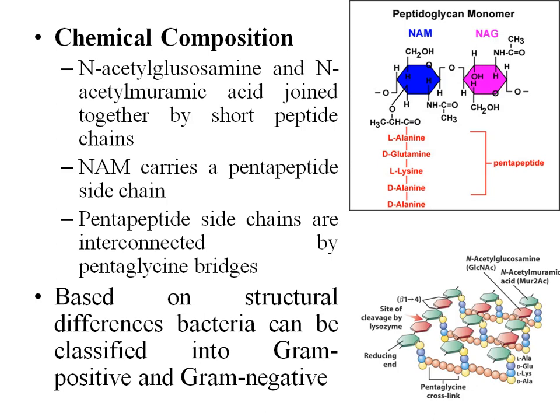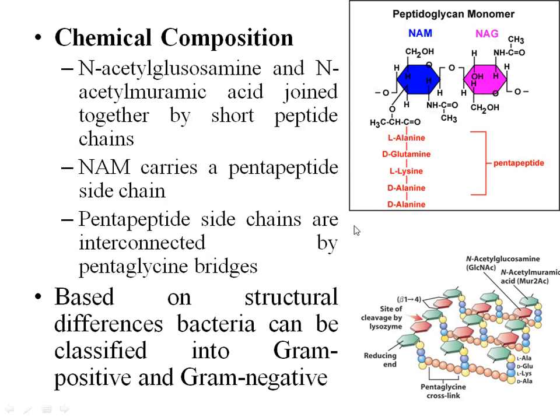Chemically, the cell wall, that is the outermost layer, is composed of N-acetylglucosamine and N-acetylmuramic acid, which are joined together by short peptide chains. So N-acetylmuramic acid carries a pentapeptide chain. You can see this is an N-acetylmuramic acid, and this is N-acetylglucosamine.